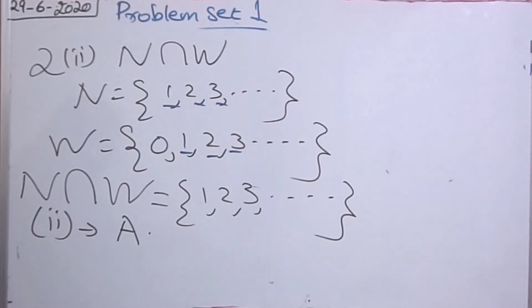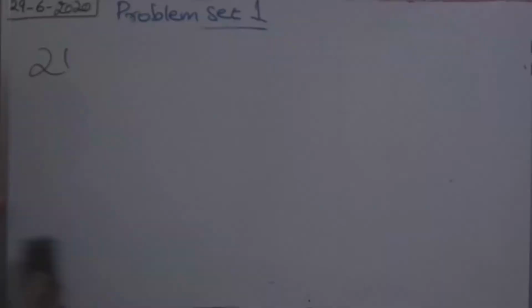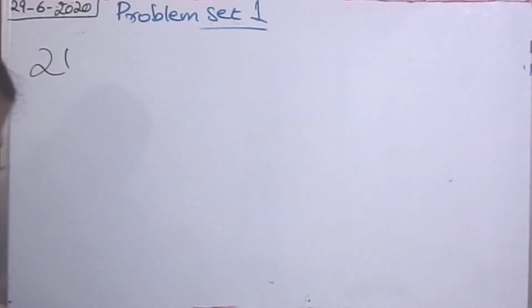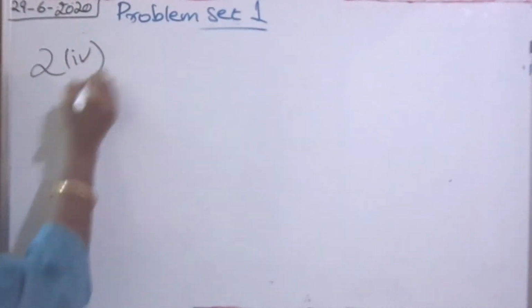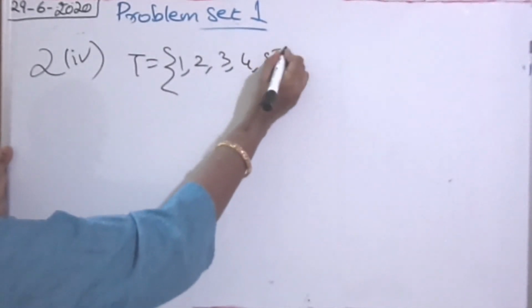Now the next sum based on union and intersection is sum number 4. So we shall do that. Question number 2, the fourth one. T is given the elements 1, 2, 3, 4, 5.